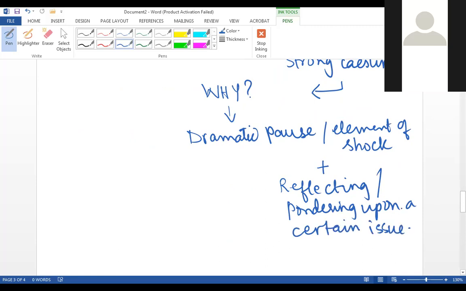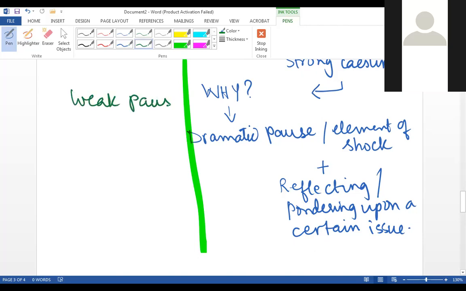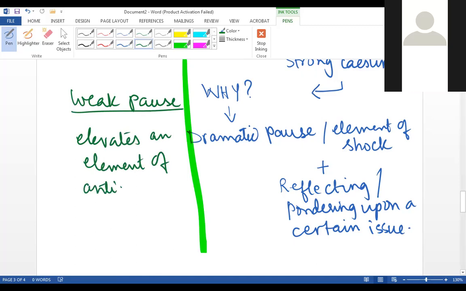So you have a strong caesura, but let's have a quick look at this side, and we have here a weak pause, a weak caesura. This will only be used to build up more tension. It basically elevates an element of anticipation. So when you know these terminologies, you're able to look at the text at a different level.